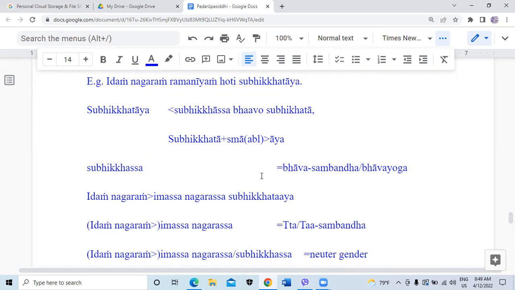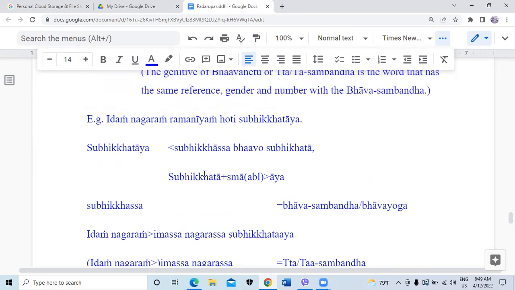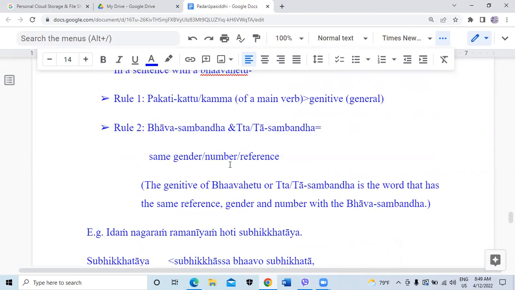Okay, here also Supeka, this Bodhisamasa, right? That's why it must modify something else. In this case, Nakaran, Nudajanta. That's why Subhika also must be Nudajanta and singular.